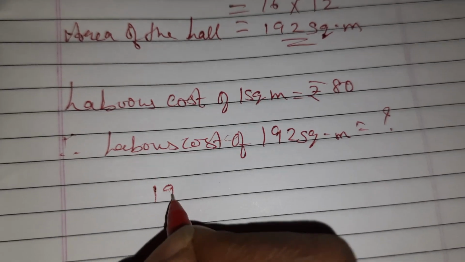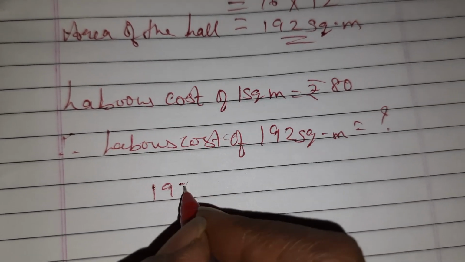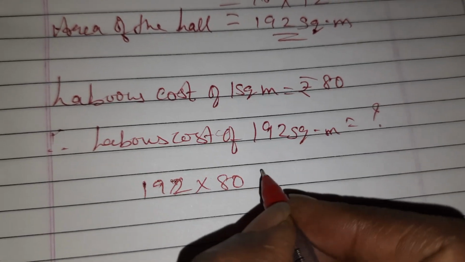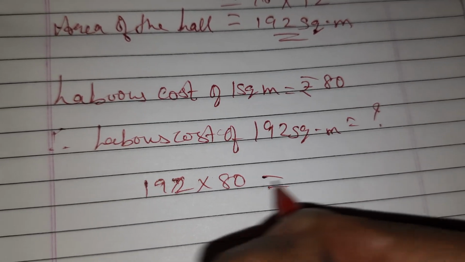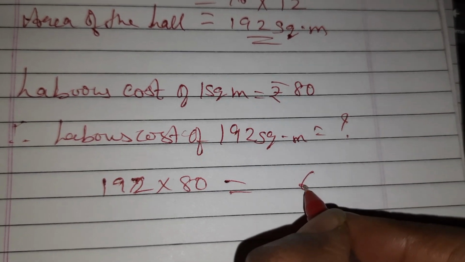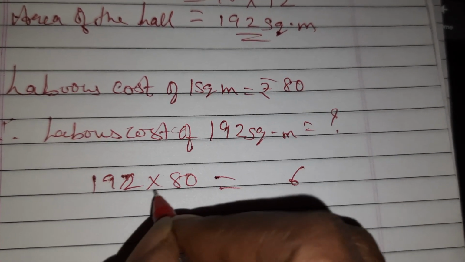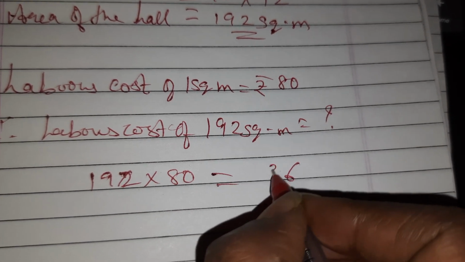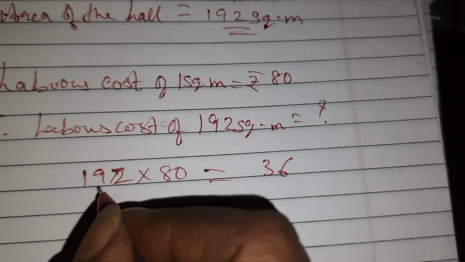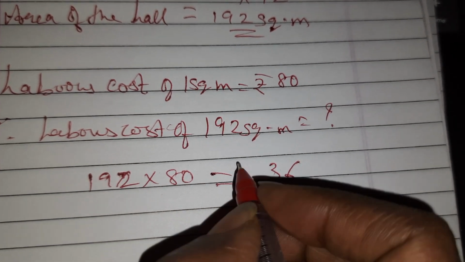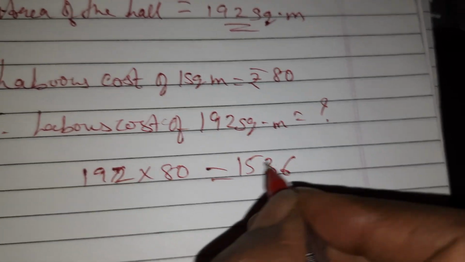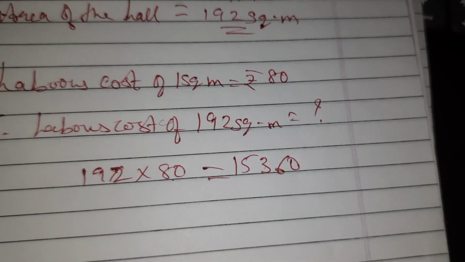That means 192 into 80. Okay, let's multiply and write down. 8 twos are 16, 6 and 1 carried, 8 nines are 72, 72 plus 1 is 73, 3 and 7 carried, 8 ones are 8, 8 plus 7 is 15. And this 0 goes there.